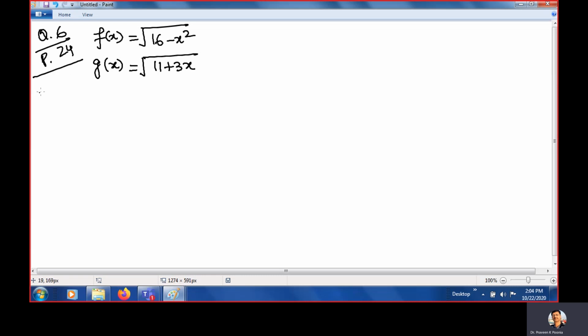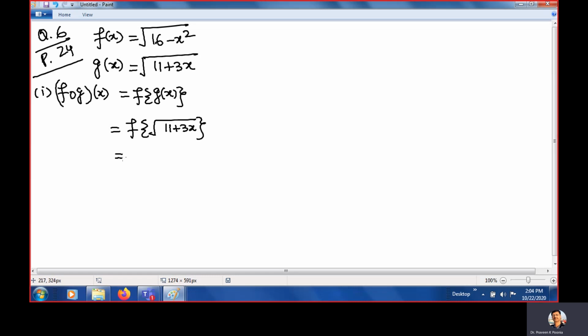What are they asking? The first question is the same. They need f composition g(x), which is f of g(x). Then f of g(x) is what? Square root of 11 plus 3x. It is not the same as the previous one but almost matching.